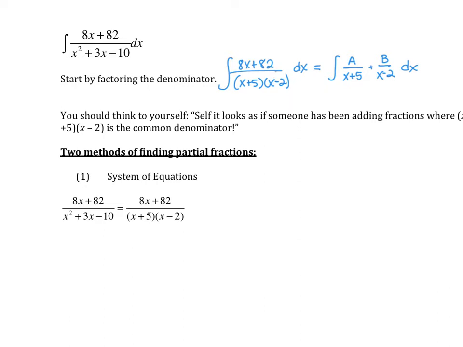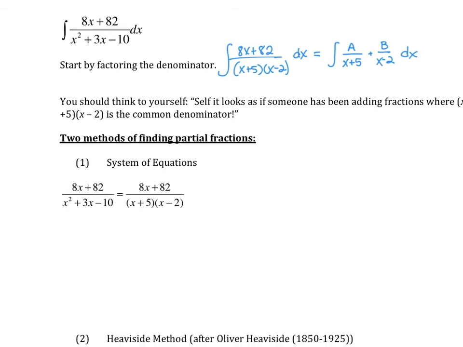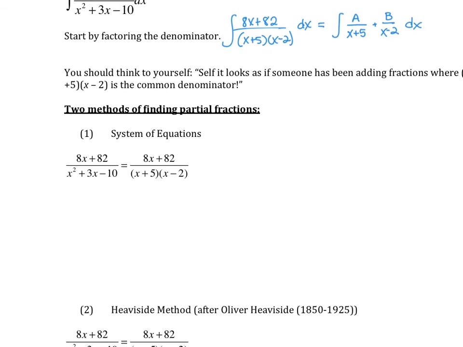So there are actually two methods we're going to look at to be able to find partial fractions. We're going to start with the original method that was used for partial fraction decomposition. And what that looks like is a system of equations. So let's go through that idea of the system of equations.